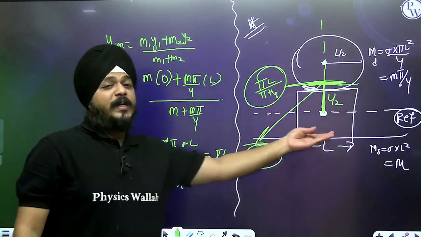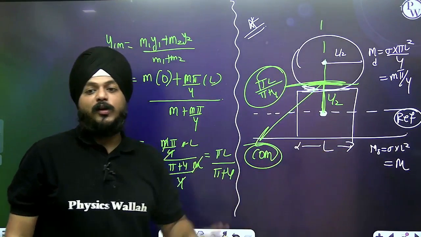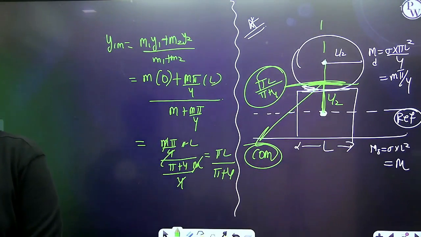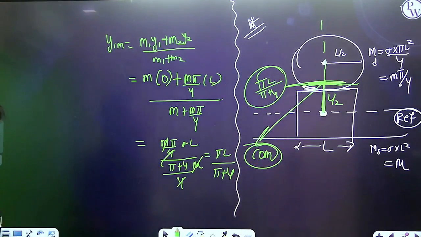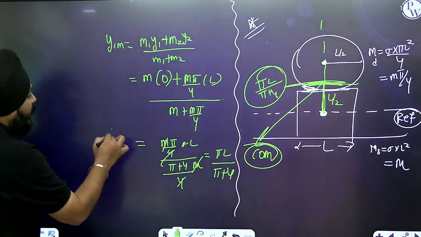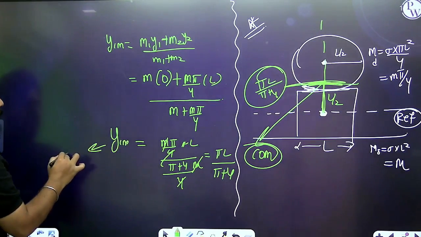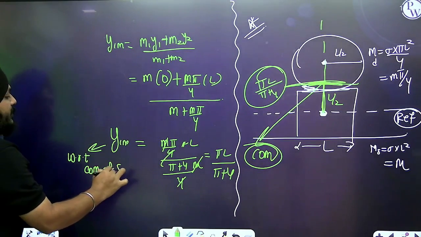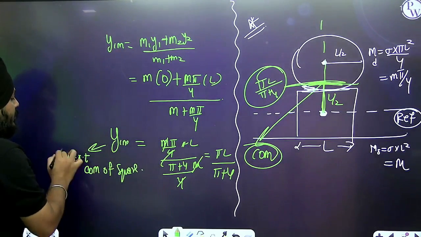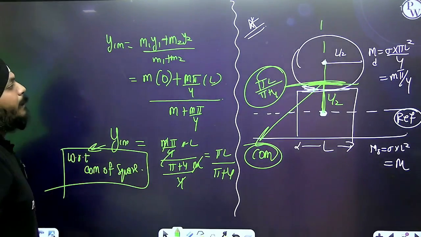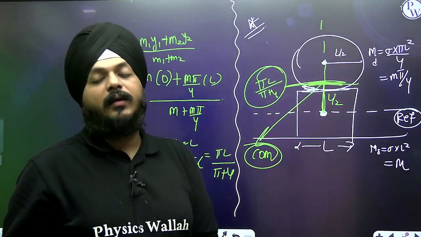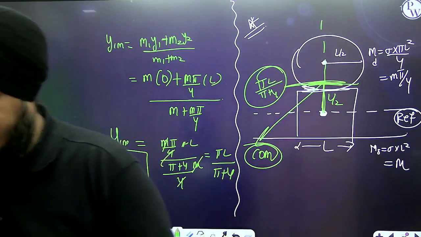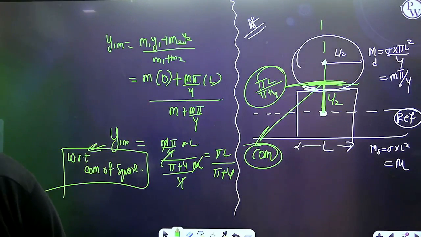With respect to this, L by 2 you are going to add. This is with respect to the center of mass of the square.